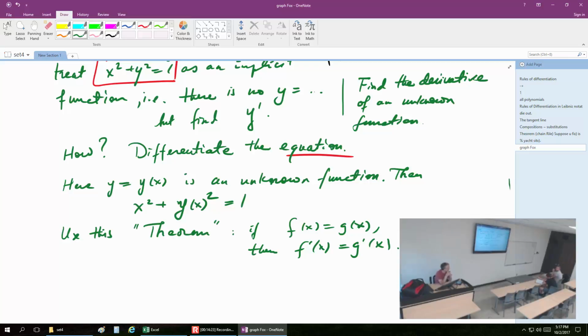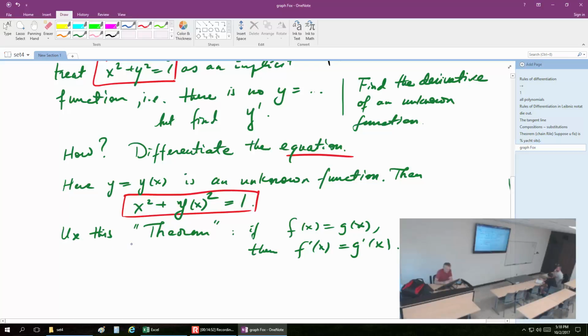If you put it in words as I did, if it is the same function, then it's the same derivative naturally. But if you imagine that there are two functions and they're equal to each other, then you conclude that their derivatives are also equal to each other. The point applies primarily to this equation that I'm about to differentiate, and we treat it as if we have two functions here.